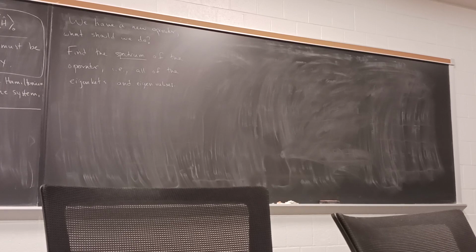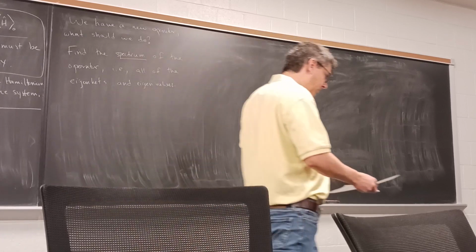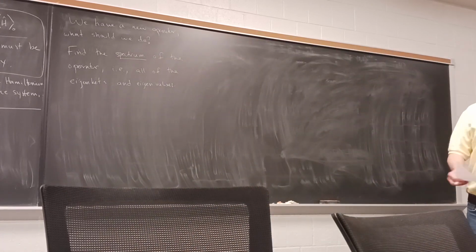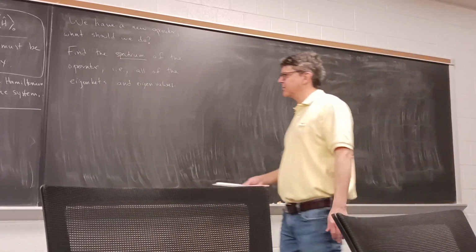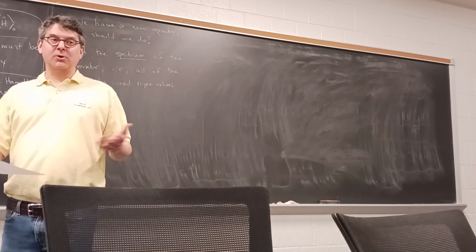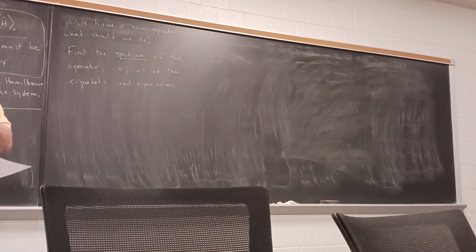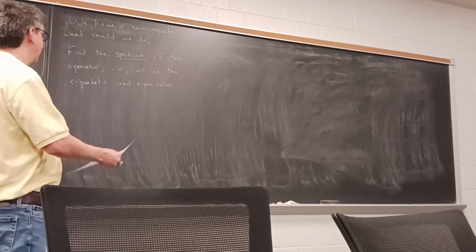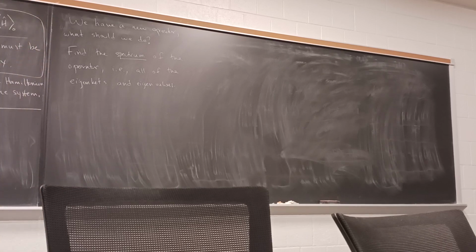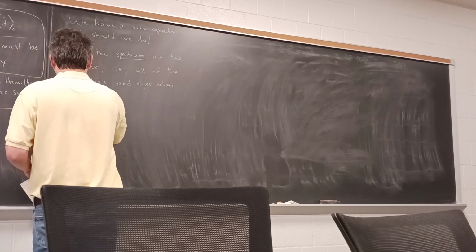Okay, so that's a problem that we're going to come to. But before we actually write down a physical problem and solve for the spectrum, let's just assume that we have a spectrum, and then let's see what happens when we operate on it with the time evolution operator.